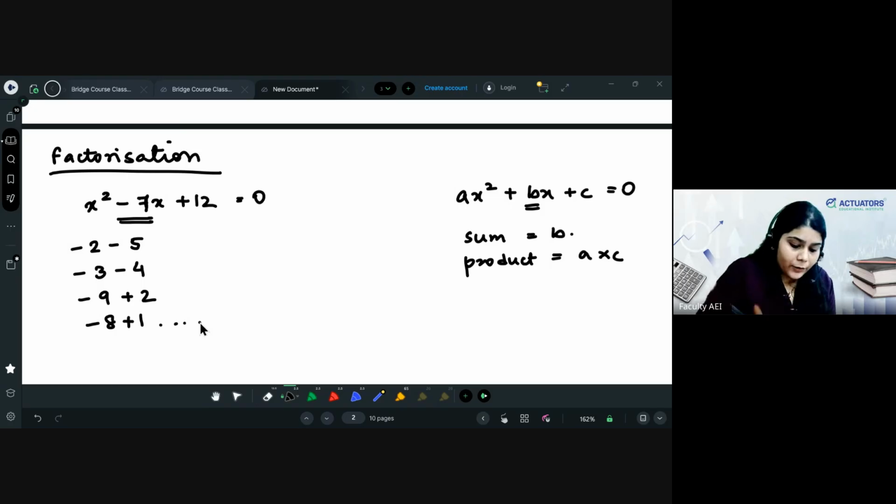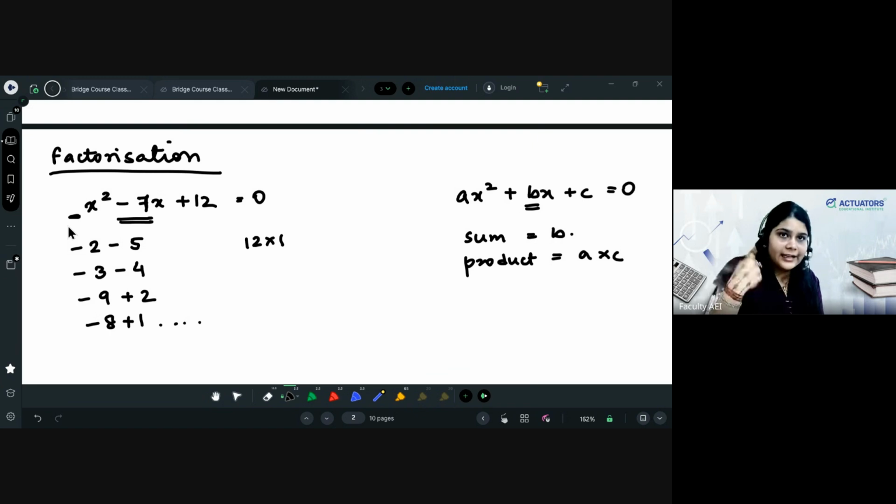Just say product is 12 into 1. Right now there is no coefficient, but we have to keep this in mind so that in case there is ever a coefficient, we take that into account. So 12 into 1, the product of both the broken up numbers or the coefficients needs to be 12. In the table of 12, which of these combinations can fall?